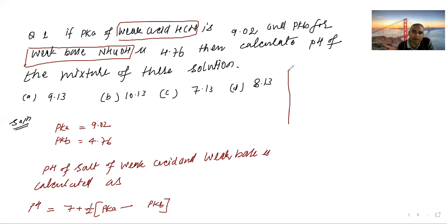So we put the values in the formula. pH is equal to 7 plus 1 by 2 (9.02 minus 4.76).